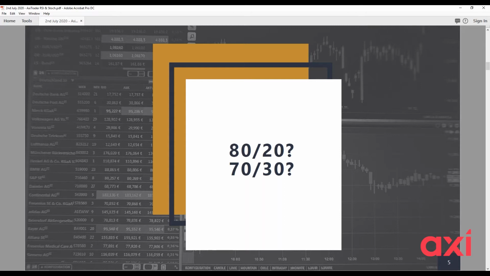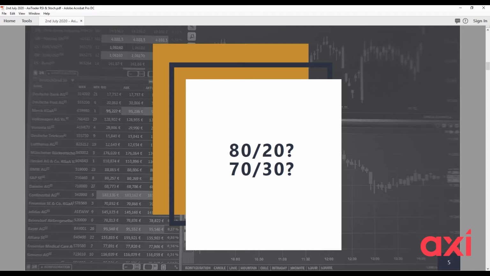We have Dominica, who has said 80-20 is RSI. On the contrary, that is not wrong either, because 80-20 could be RSI, 80-20 could be stochastic. And the funny thing is, if I look at many of the responses coming through, almost everyone has an answer.